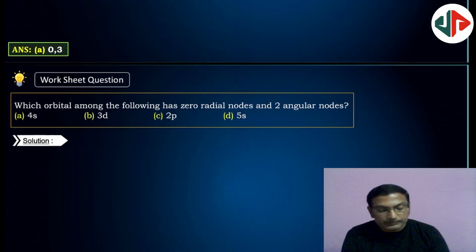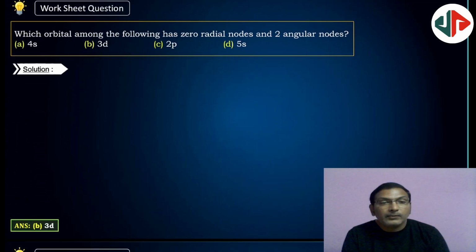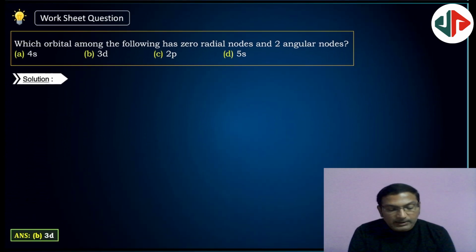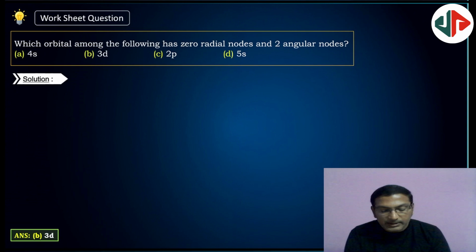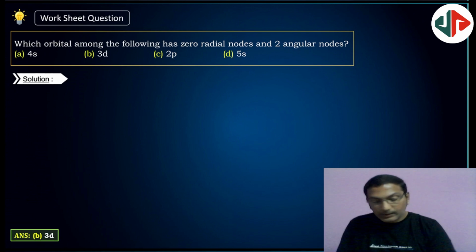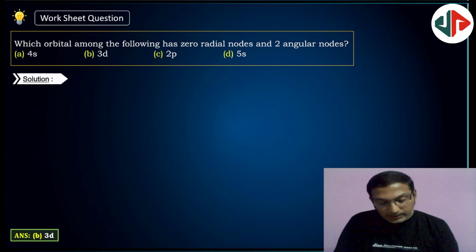Next question. Which orbital among the following has 0 radial nodes and 2 angular nodes? So 0 radial nodes and 2 angular nodes.